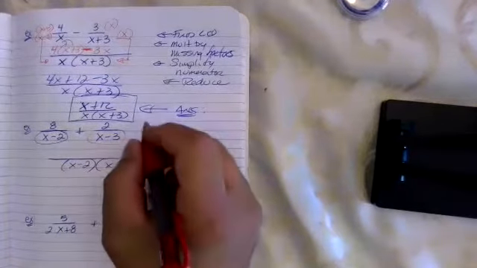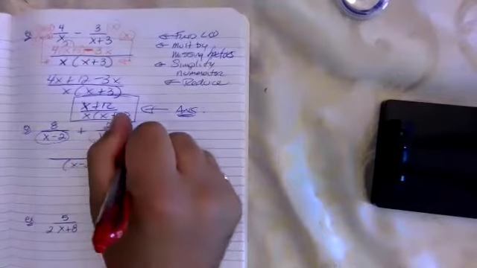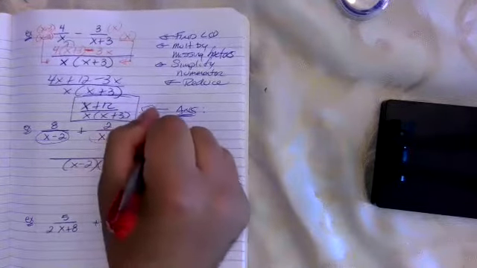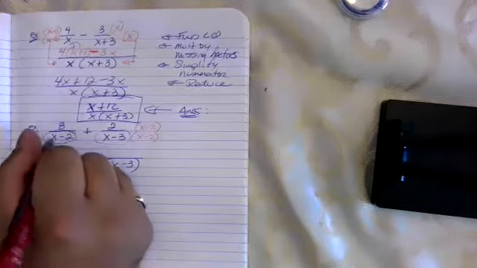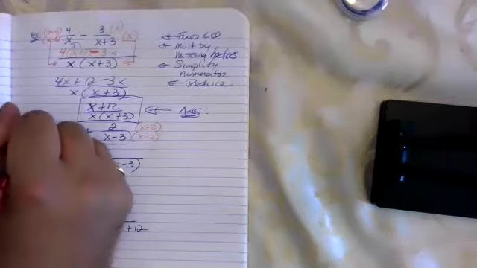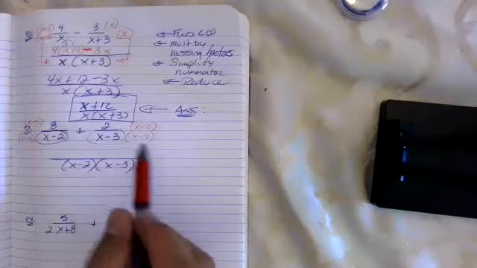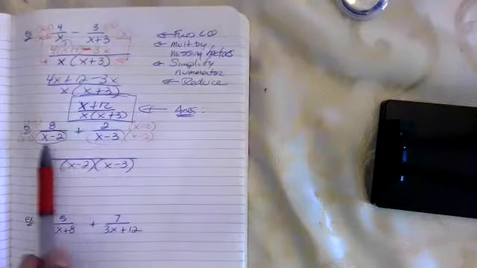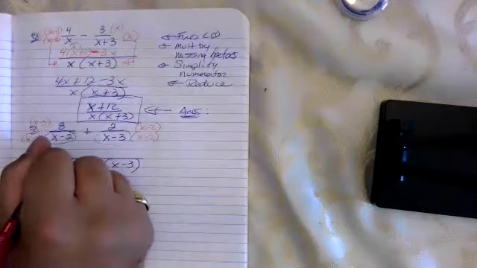What I'm really doing here is I want to see what's missing from here to here, which is x minus 2. So I multiply top by x minus 2. And the same thing here. What's missing from here to here is the x minus 3. Really what this is doing is making a like fraction. Now my denominators are the same up here. So it creates a like fraction.